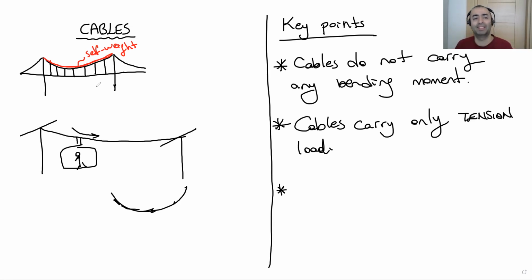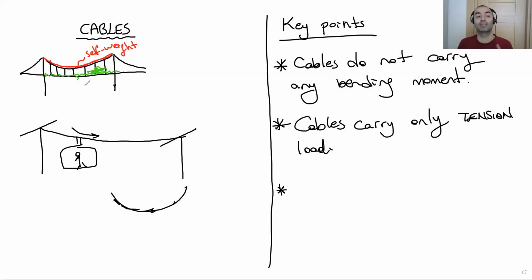But when we compare the self weight with the other live loads that we carry, for example the load coming from this bridge deck, which includes the self weight of the bridge, cars, people, everything, the cable between two pylons carries all this load.